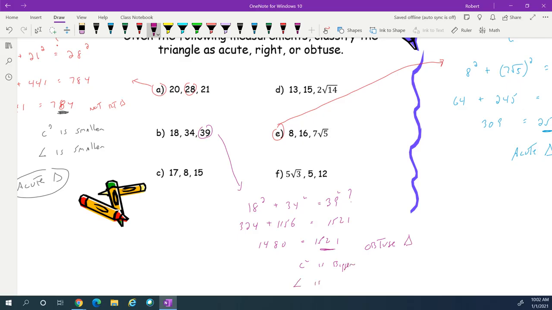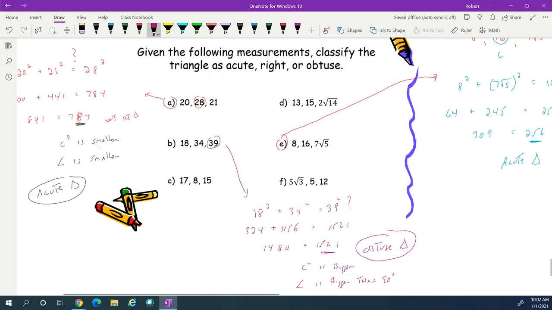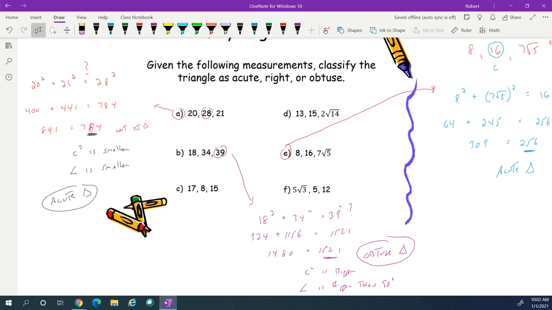That means the angle is bigger than right, so bigger than 90, making it an obtuse triangle. Okay? So we have the converse of the Pythagorean theorem, and we're using that to classify the triangle as acute, right, or obtuse. Okay, let's do some practice with that, and we will pick up with the next lesson.